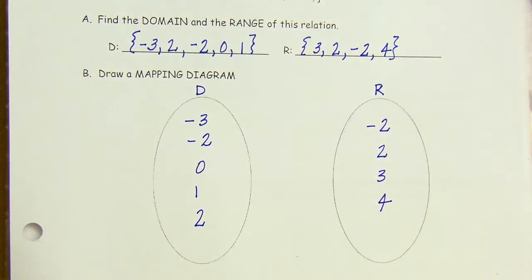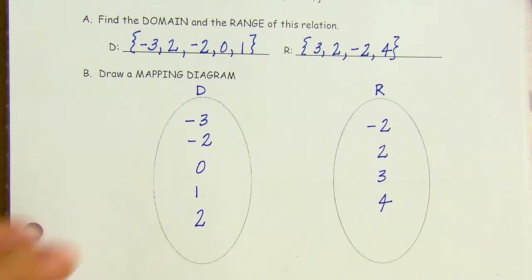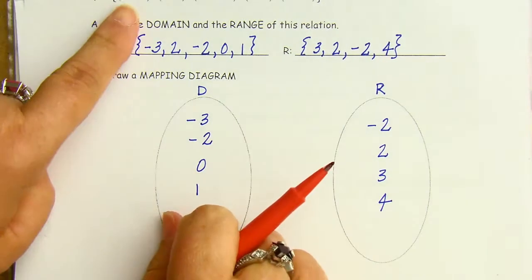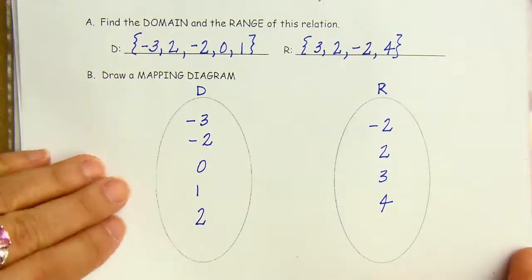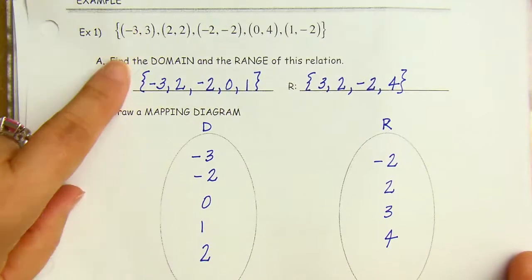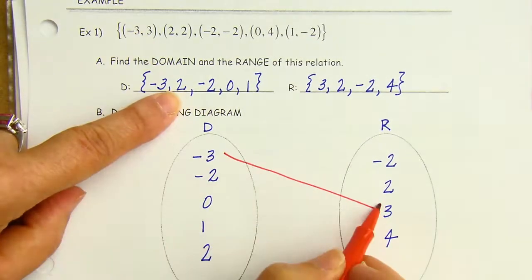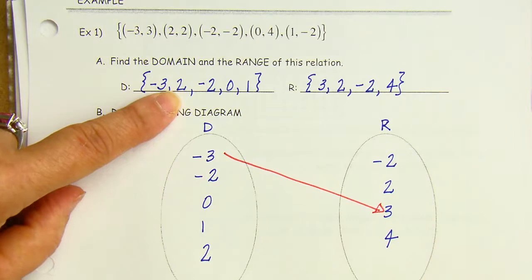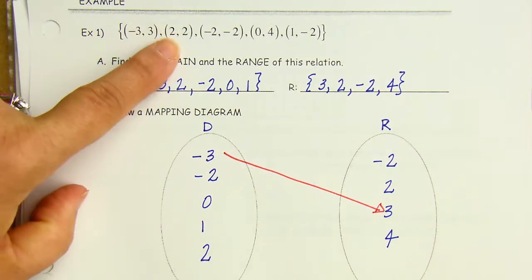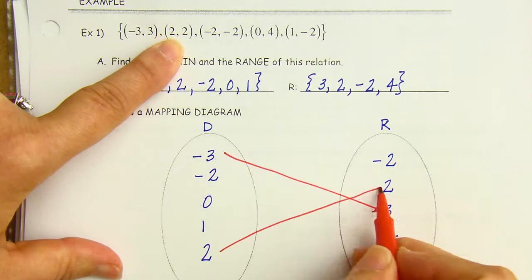And then what you do is you take arrows to indicate -3 belongs to what in the ordered pair? Well, -3 was paired with +3. So I just take and draw an arrow over to +3. +2 was an ordered pair with +2.